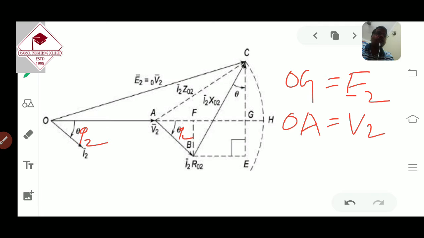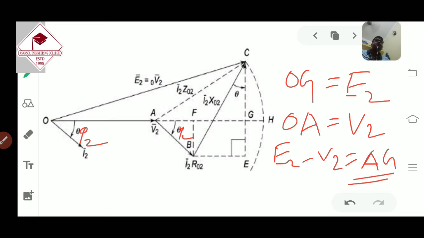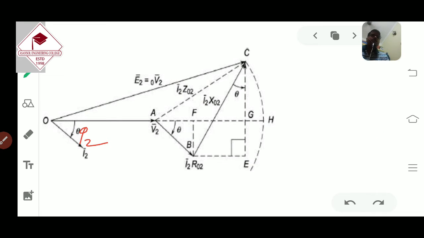So E2 minus V2 will be AG. This we need to find out. Let us see how we can find it.